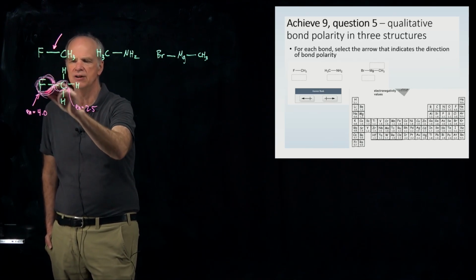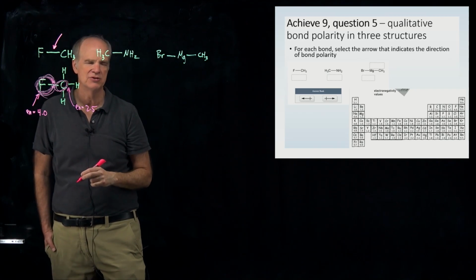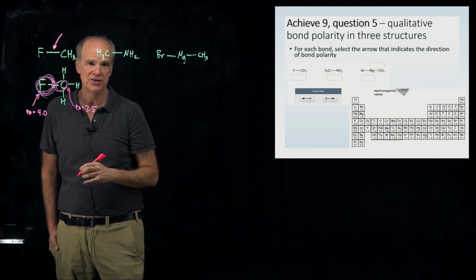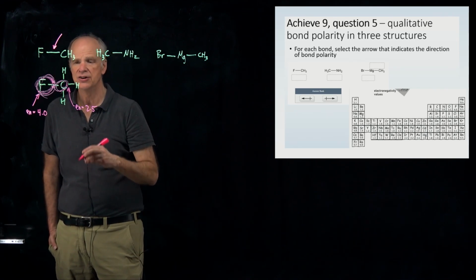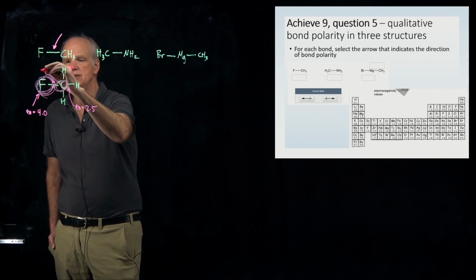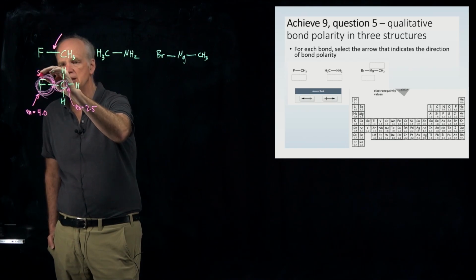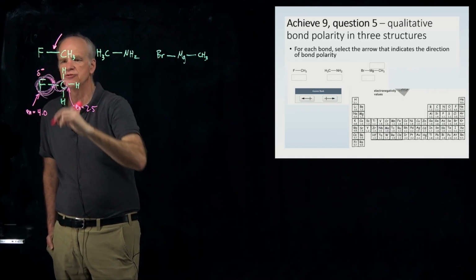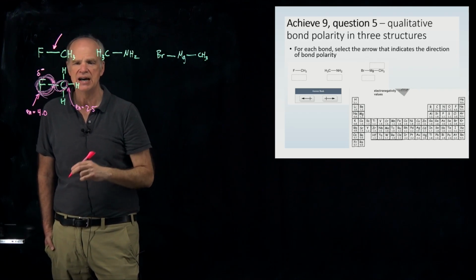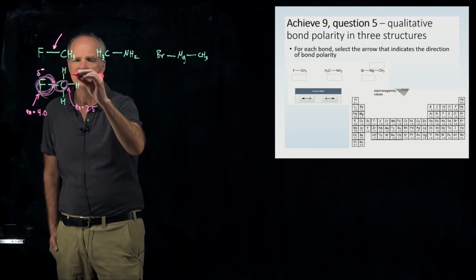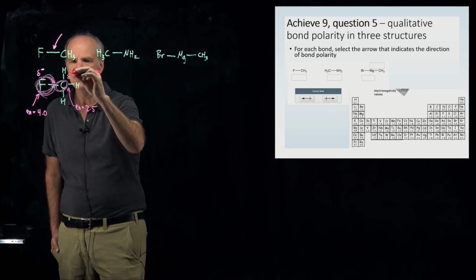So that tells us where the negative and positive ends of the bond are. And so the negative end is over fluorine because the electrons are spending more time there. To indicate that fluorine has this negative end here, we put delta minus. The carbon, the electrons are spending less time around there, and so this is the delta positive end.